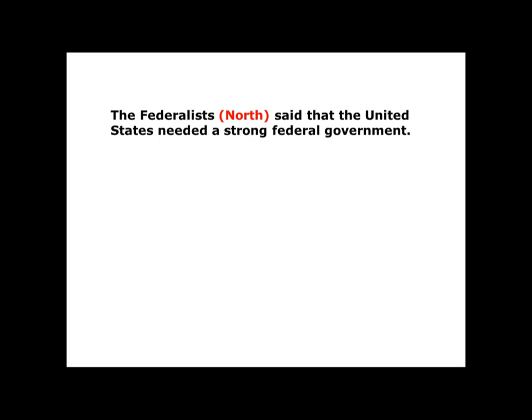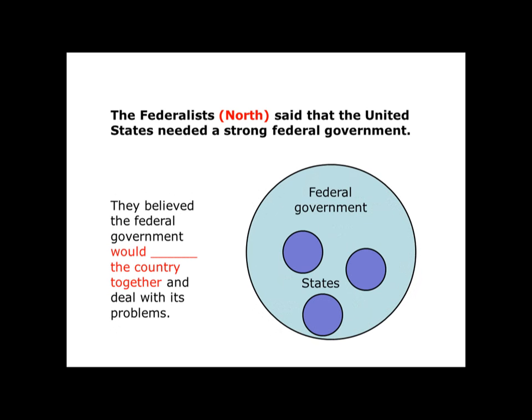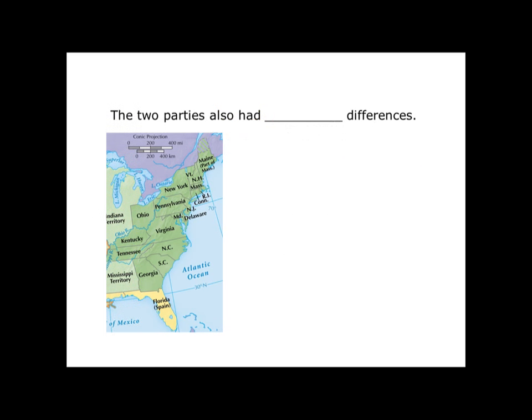The Federalists in the North said that the United States needed a strong federal government. They believed that the federal government would hold the country together and deal with its problems. So they favored a stronger federal government with a loose interpretation, capable of handling problems on the go.